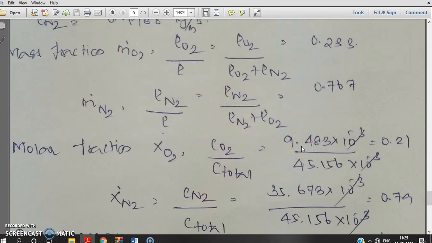We can check this value: normally, air has 79% nitrogen by volume and 21% oxygen by volume in the atmosphere. In this way we can cross-check these values.